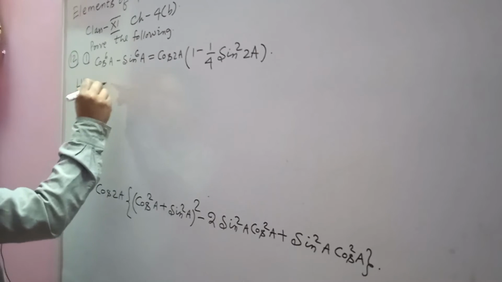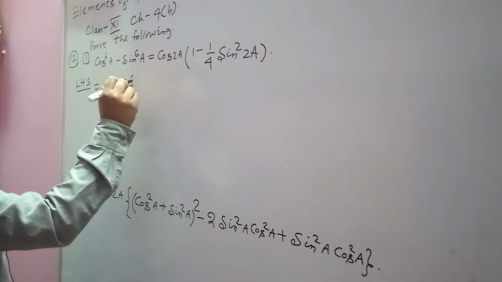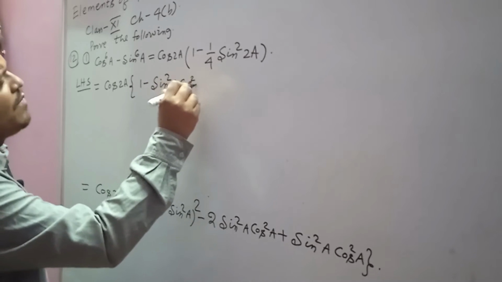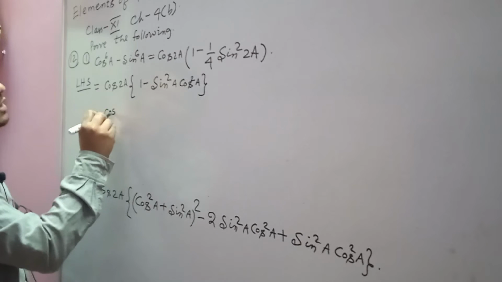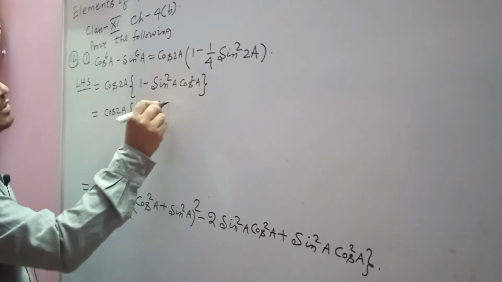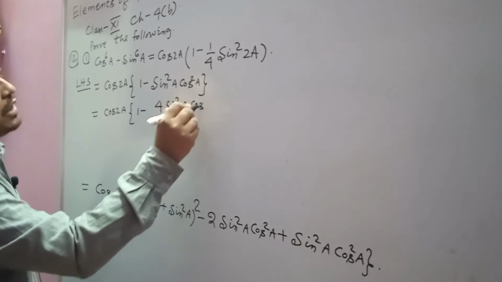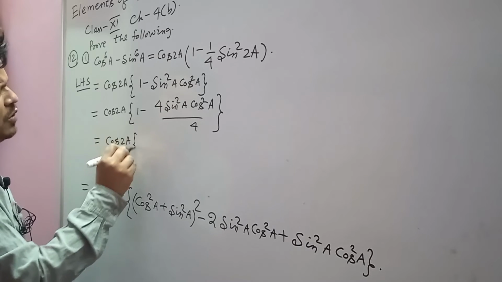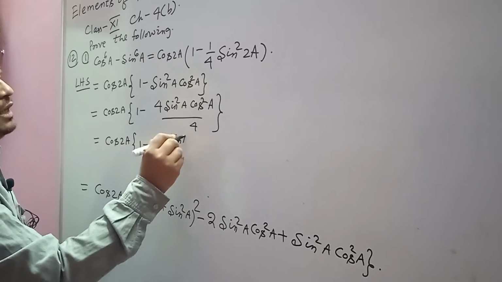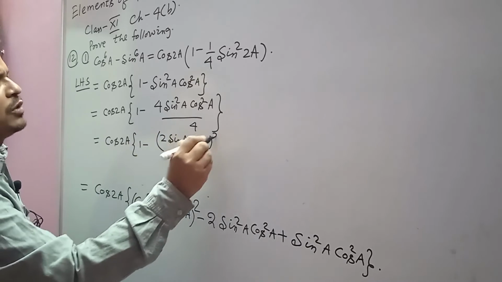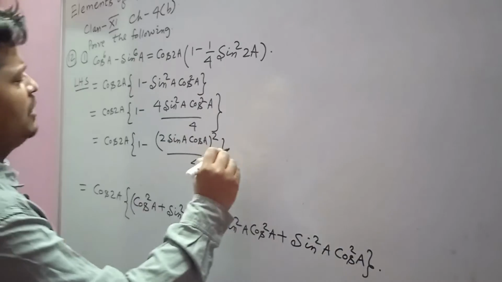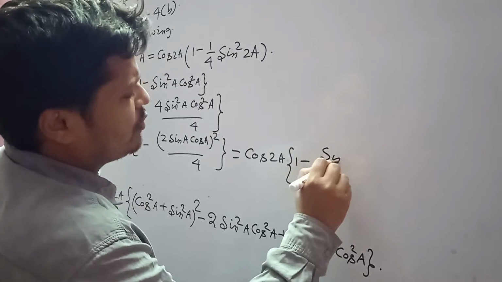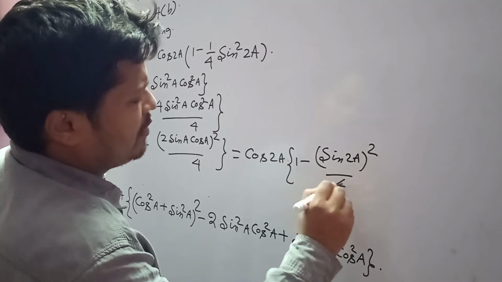Equal to cos 2a into (1 minus sin^2 a cos^2 a), that is equal to cos 2a into (1 minus 4 sin^2 a cos^2 a divided by 4), which is nothing but cos 2a into (1 minus (2 sin a cos a) whole square by 4), which is nothing but cos 2a into (1 minus (sin 2a) whole square by 4).